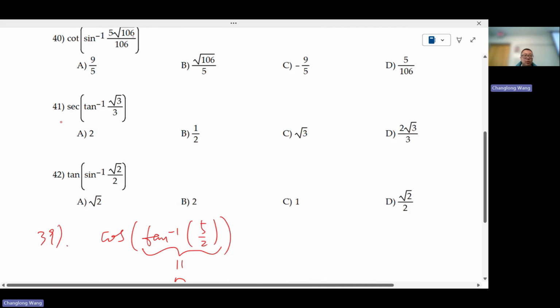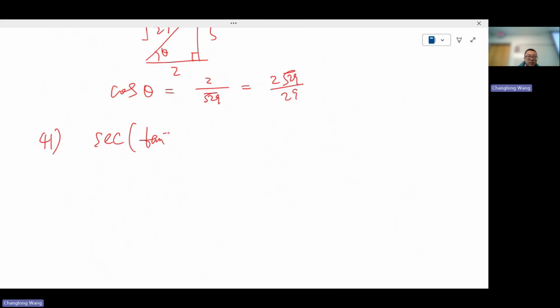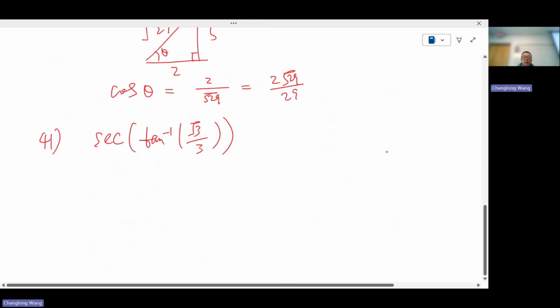Anyway, let me do 41. All right, secant of tangent inverse of radical 3 over 3. Is it tangent inverse? Am I right? Yeah, it's tangent inverse. Okay.